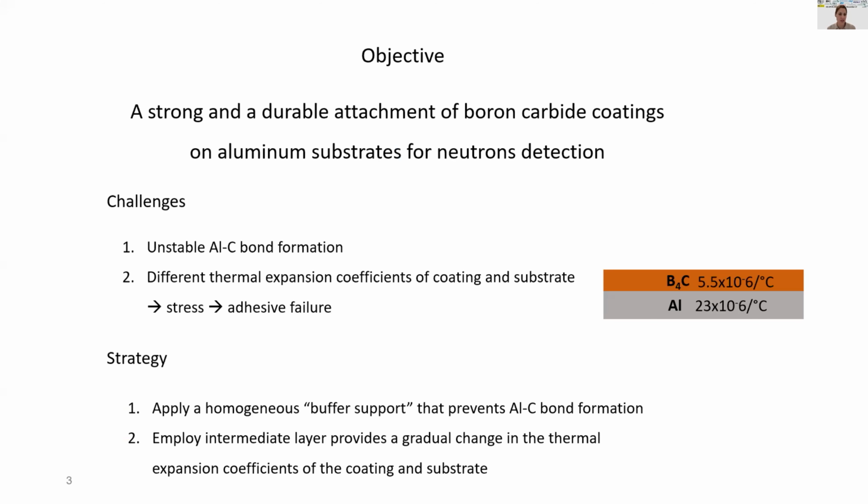The challenges are the formation of the aluminum carbon bond, which is unstable in a humid environment, and the different thermal expansion coefficients, which may cause stress and a subsequent adhesive failure. So our strategy is to apply a buffer layer to prevent the formation of the aluminum carbon bond, and to provide a gradual change in the thermal expansion coefficients.